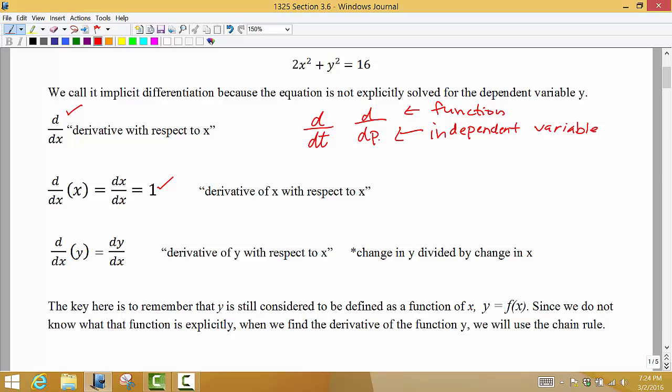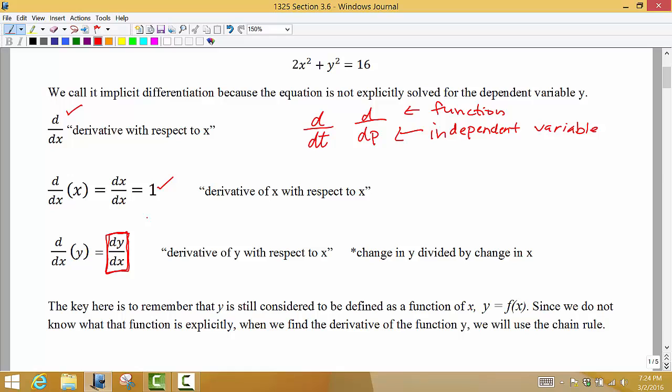If I take the derivative of y with respect to x, and I don't know what y is, then I just leave it like this. If y is not explicitly defined, I don't know what y is equivalent to in terms of its function, but I do know that I want to take the derivative of it. We can just write it in words: this is the derivative of y with respect to x.